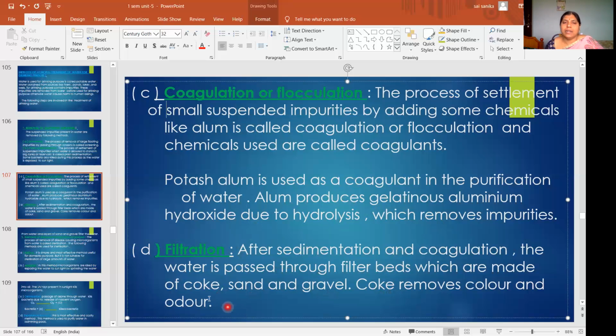Coke removes color and odor, and the sand and gravel filter the impurities. Odor means smell. If any color is present, it will remove the color, and if any smell is present, it will remove the smell also. Like this, we will remove the suspended impurities present in the water.